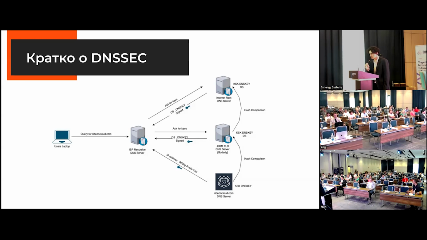The use of DNSSEC helps us with two important functions. First of all, to check authenticity, to cryptographically validate and verify that the data came from the zone where they originated, and to check the integrity of the data, that it was not changed after delivery.